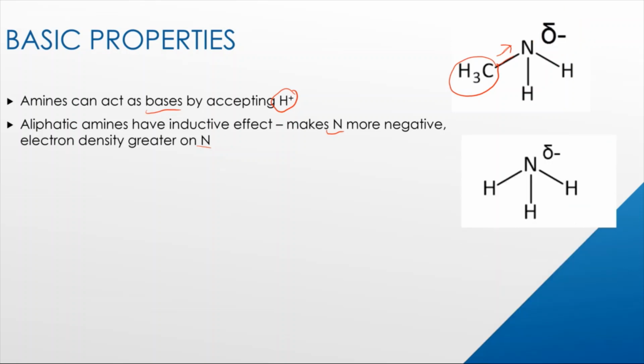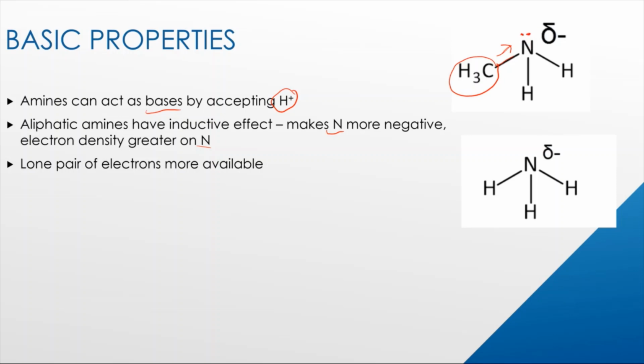Comparing this to ammonia, ammonia does not have a carbon attached to it, so it will not have that same inductive effect as that primary amine does. So in that primary amine, the lone pair of electrons would be more available.